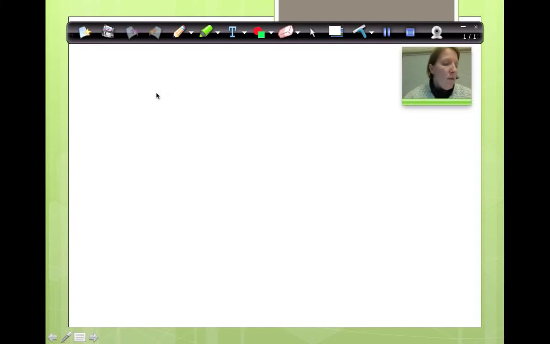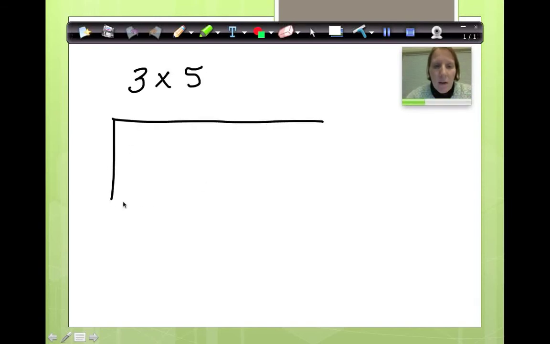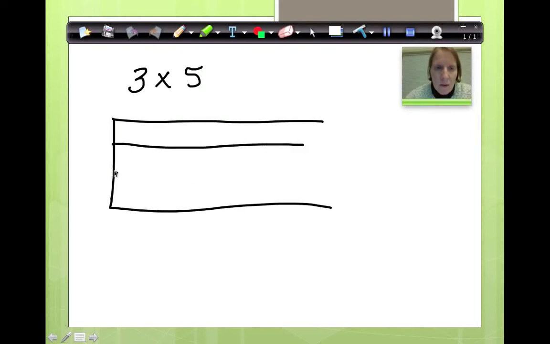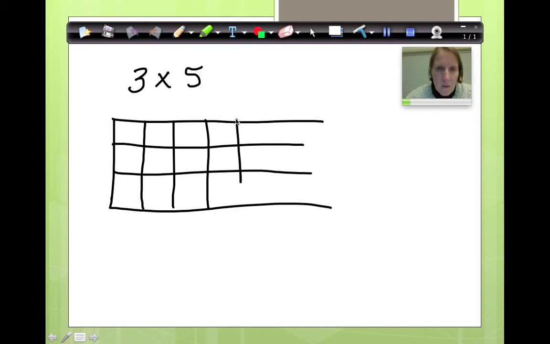Let's say we have our 3 by 5 array, only this time I'm going to draw it a little bit bigger so you can see it. Try to make it as tidy as I can. Now I have extra, so I erase my extra.